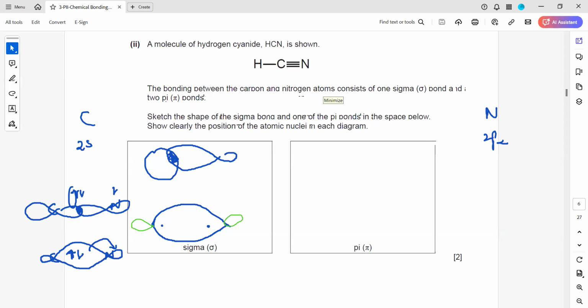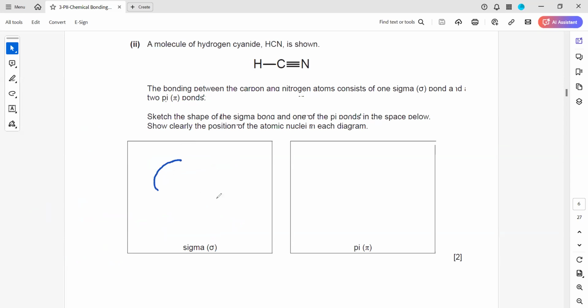Okay, so both ways work. Yeah, it will work both ways. When I drew this electron density cloud, I did not draw the nucleus at the edge. I drew the nucleus at this point.